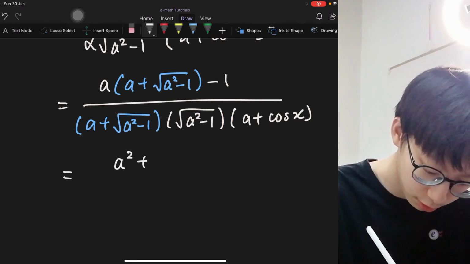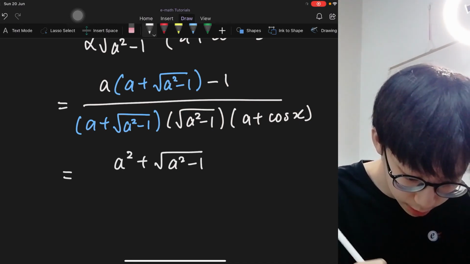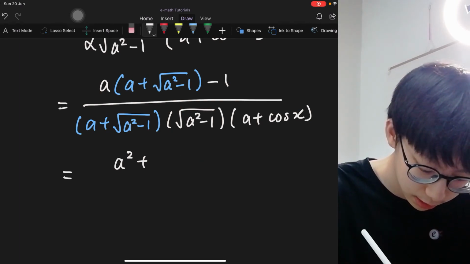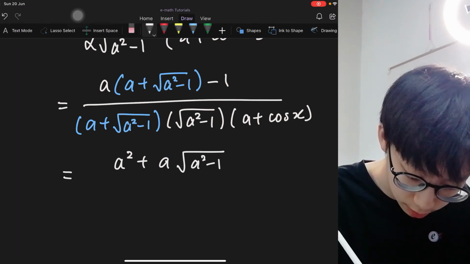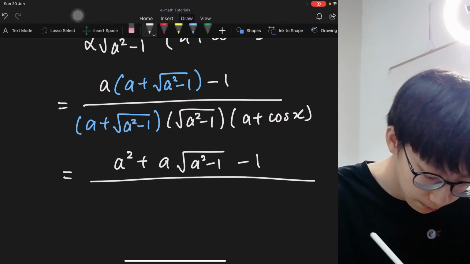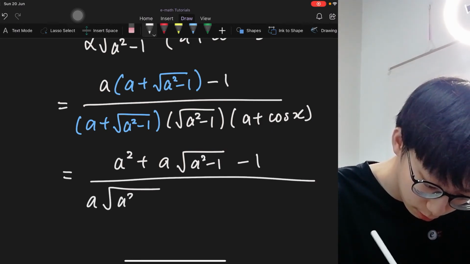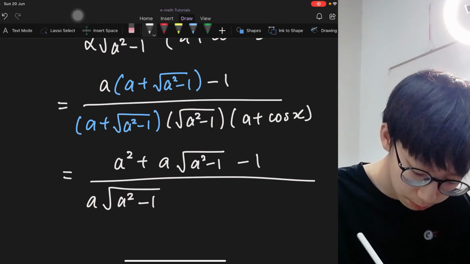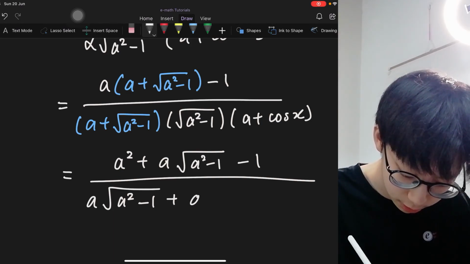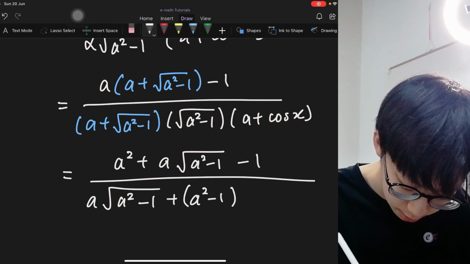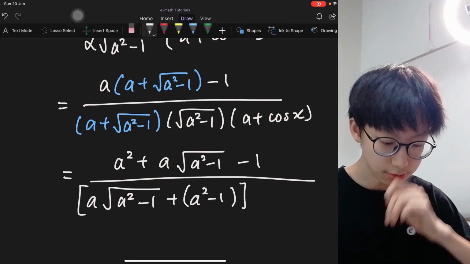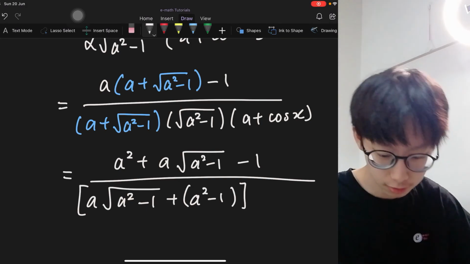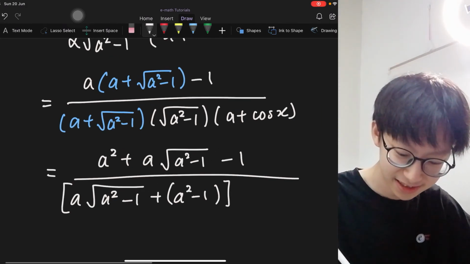A squared plus a times square root of a squared minus 1 minus a squared plus a times square root of a squared minus 1 minus 1 over a squared minus 1 times a plus a squared minus 1. Are we doing it right? I think you can see it already, right?